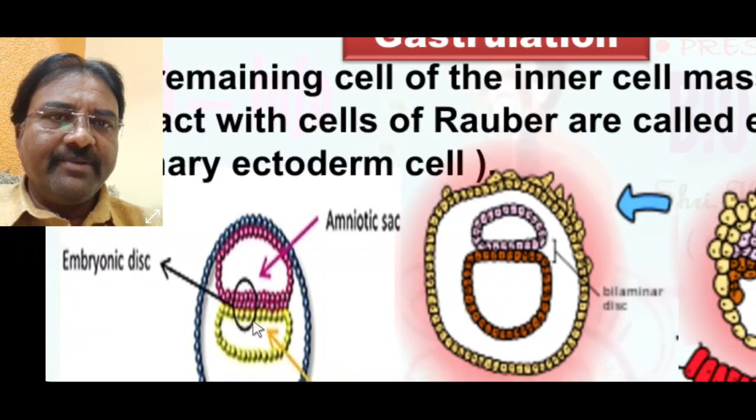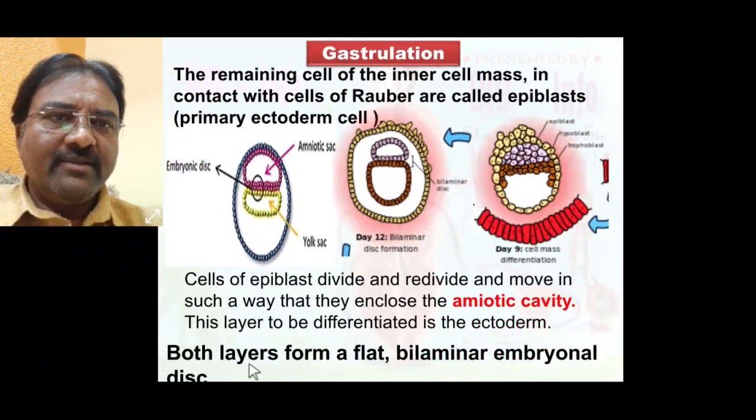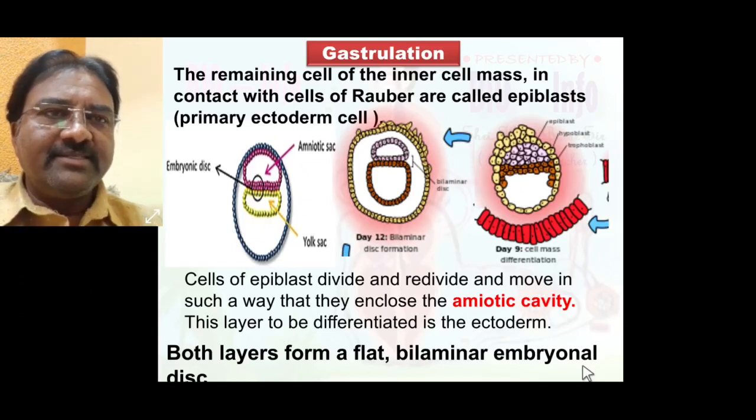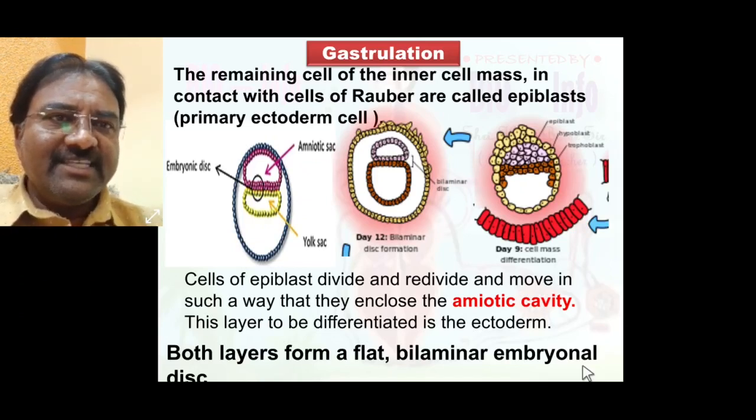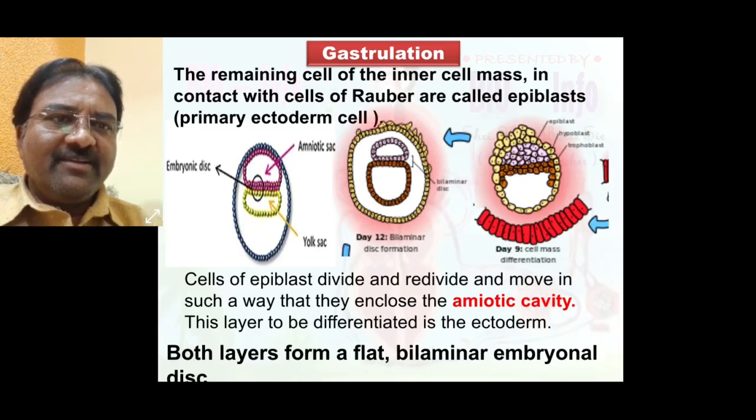How is the embryonic disc formed? Both layers form a flat bilaminar embryonal disc. So up to this we have seen ectoderm formation, endoderm formation and bilaminar embryonal disc formation.